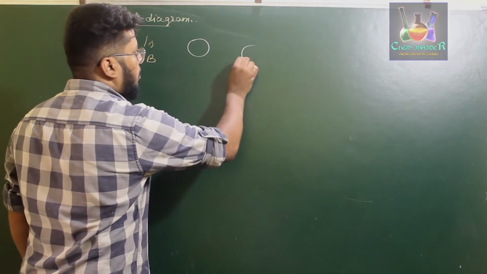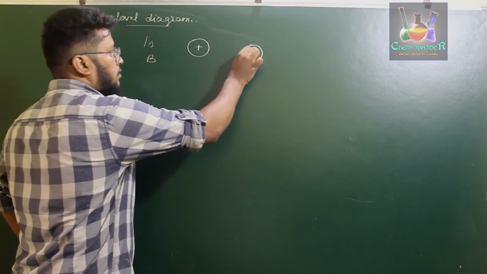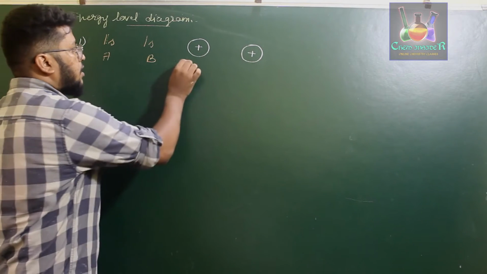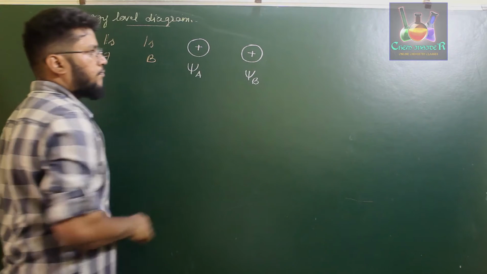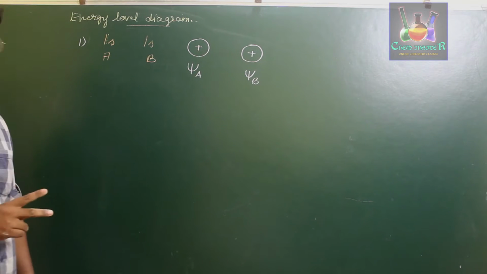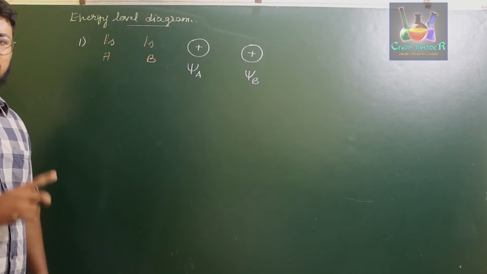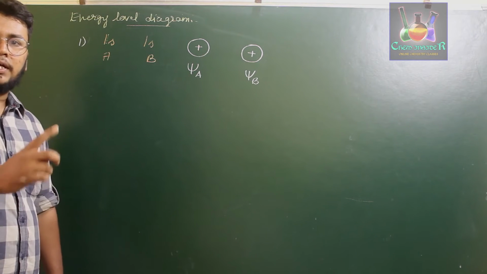So they have positive sign in them. So this is psi A and this is psi B. Now clearly we know there are two types of molecular orbital formation, one which involves psi A plus psi B and the other which involves psi A minus psi B.